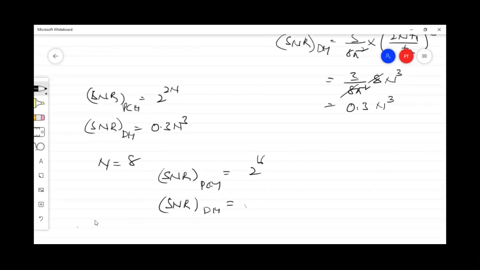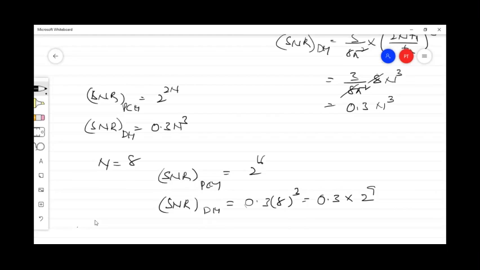So SNR in DM system is equal to how much? 0.3 into n cubed, where n is 8, so 8 cube. I can write this as 2 power 3, so 2 power 9 totally.